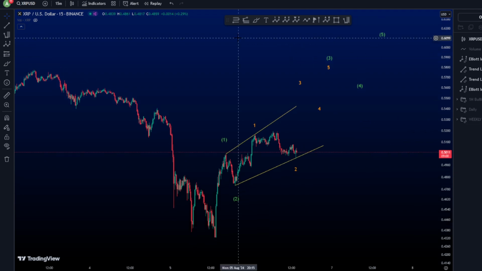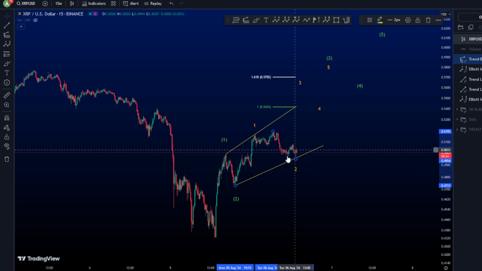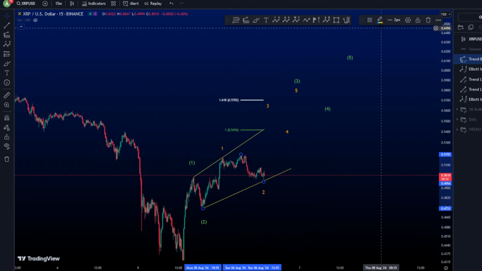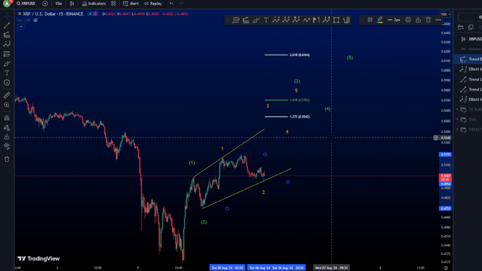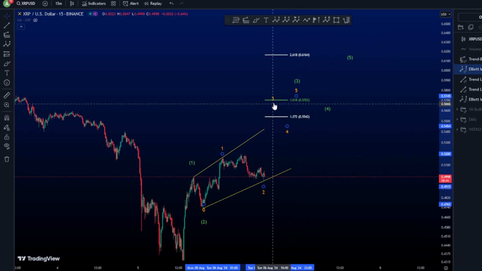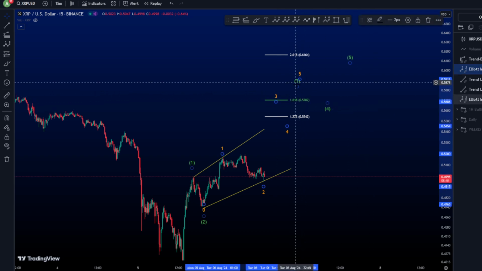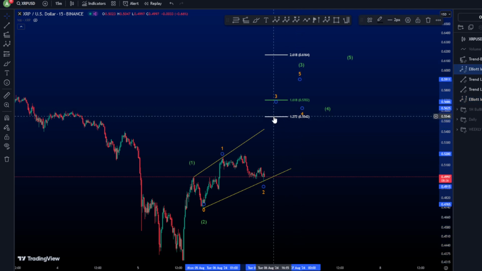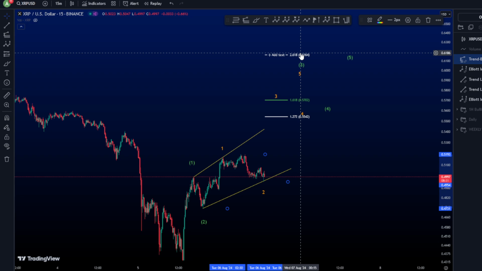Now, a little bit of fib levels, if you want something more specific. If we have bottomed here for a wave 2, we are expecting an impulse towards the upside, hitting 0.57 cents for XRP.